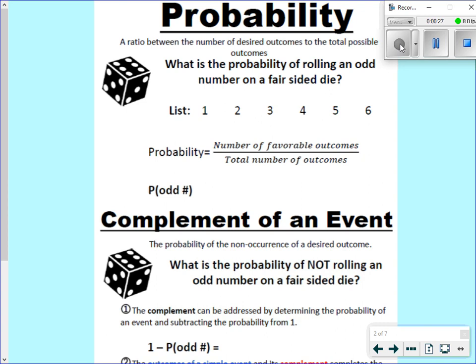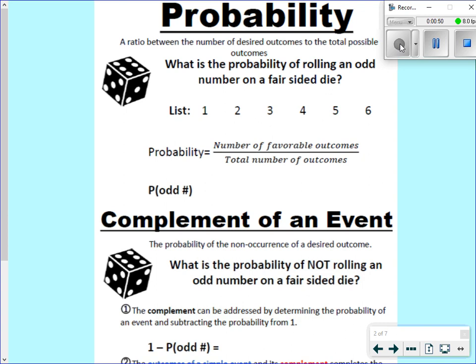So let's look at our first example. What is the probability of rolling an odd number on a fair six-sided die? So our outcomes, and we list them out on a die, are 1, 2, 3, 4, 5, and 6. So the probability, our numerator, is the number of favorable outcomes.